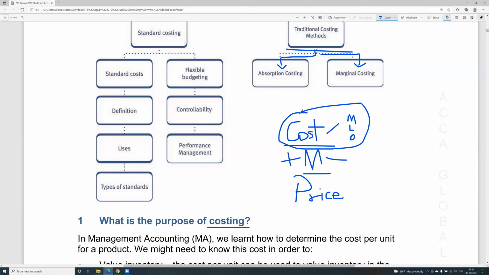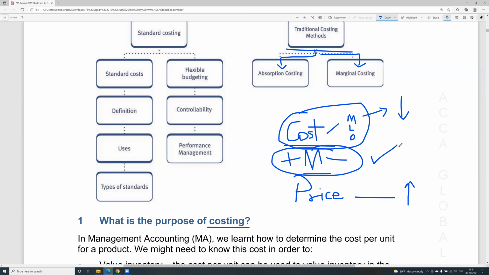Now with this cost, you are trying to minimize your cost and maximize your price. Yes or no? Always you'll try to minimize your cost and maximize your price. The goal is to have huge profits.